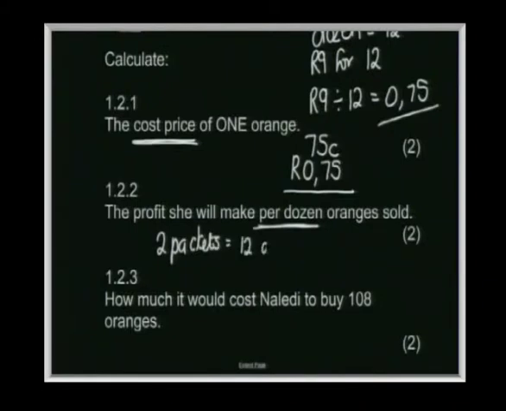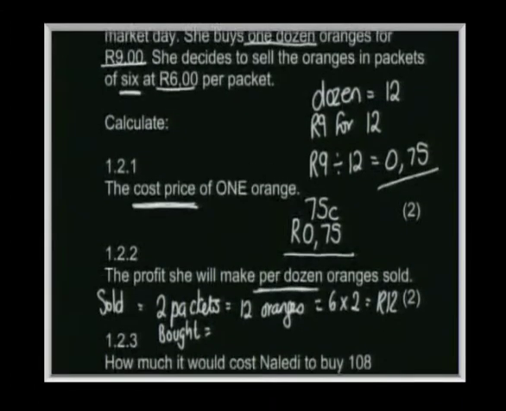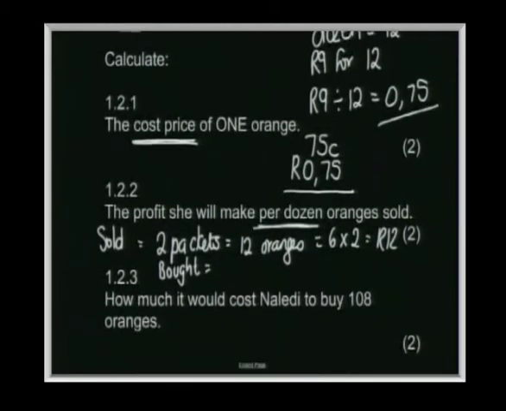2 packets is equal to 12 oranges. And she sold each of those packets at 6 Rand, so it's going to be 6 times 2. So she sold them for 12 Rand, and we'd better write that down. And we bought them for 9 Rand for the packet of a dozen.